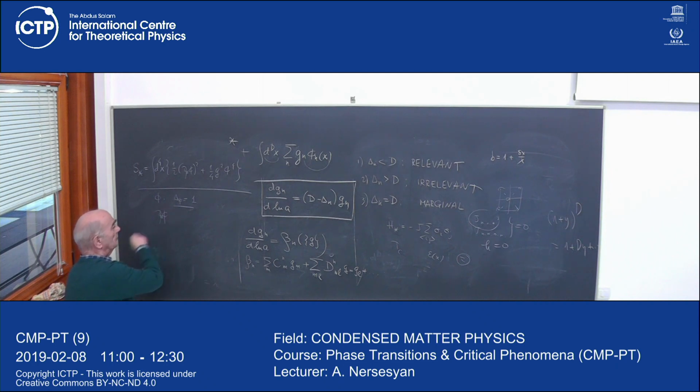For the field ∂μφ, what will be the scaling dimension of ∂μφ? I'm waiting for your response. You know the dimension for phi. What is the dimension for ∂μφ then? No calculations, that's just common sense.